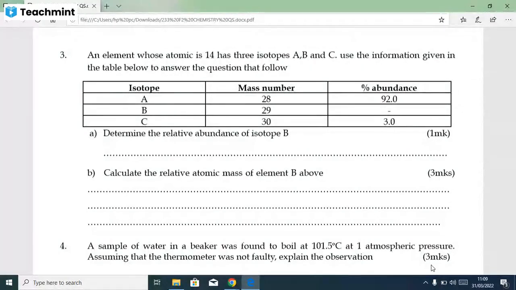Umepata. 6 iko right. Umepata ngapi? 1.45. 1 point.